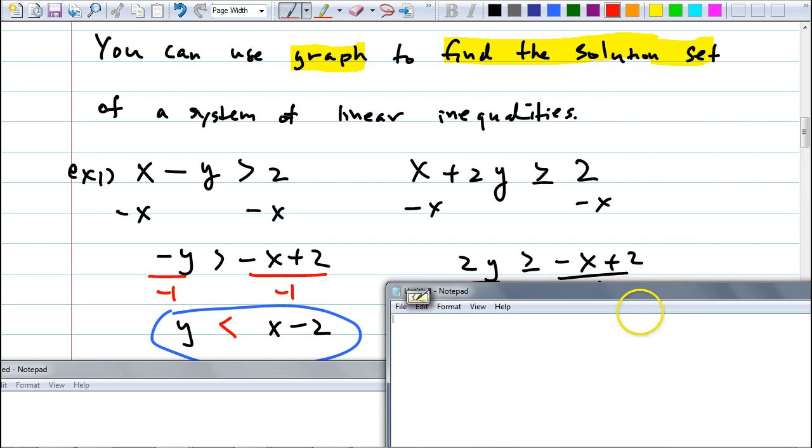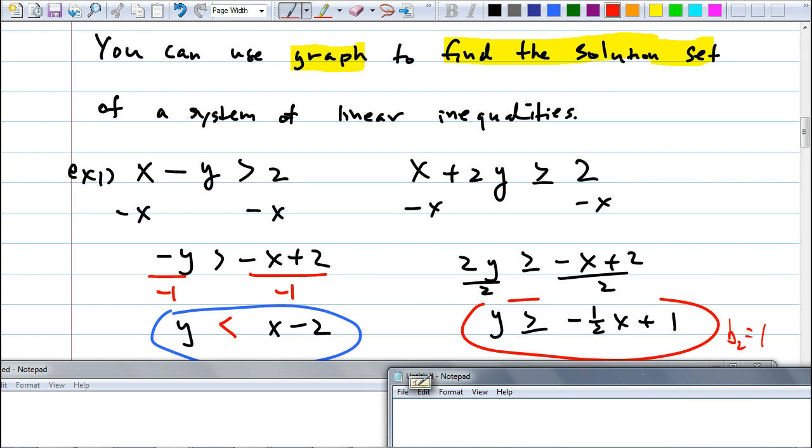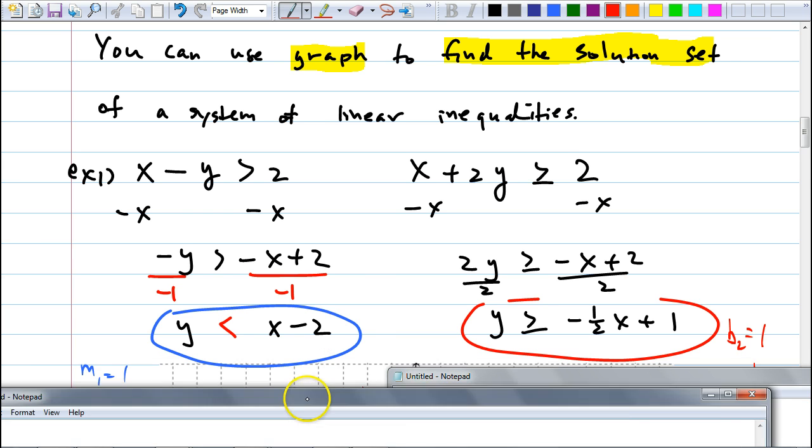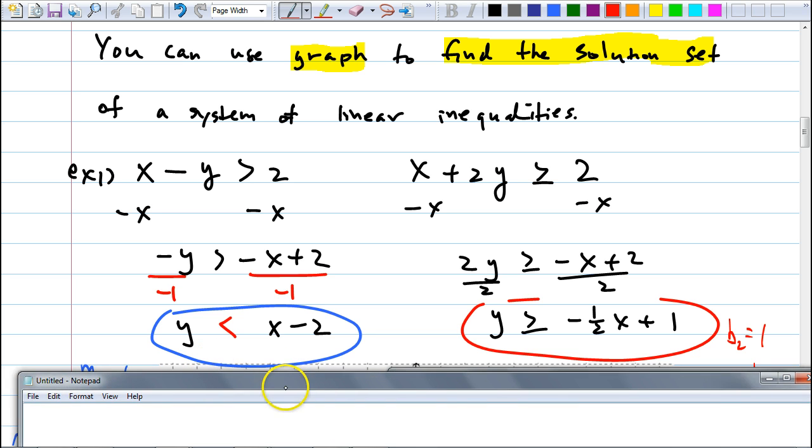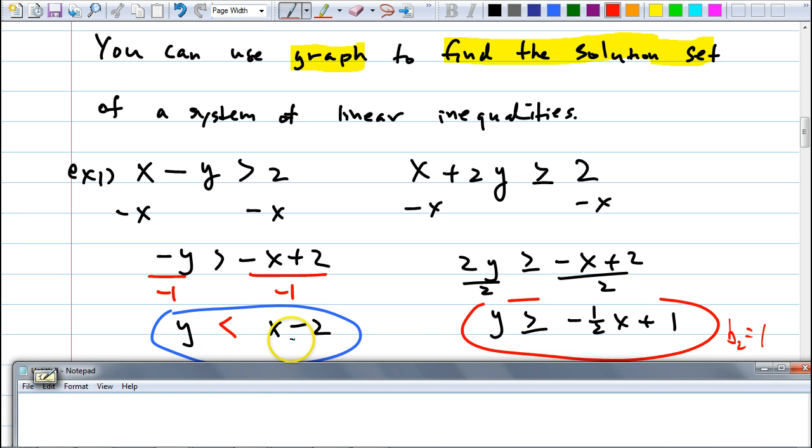We don't reverse when you divide by positives. And so we get this. Does that make sense? So now, how do we graph it? Well, you graph it as if you have an equal sign in the middle. I'll show you how to deal with inequalities in a minute. So you're going to graph as if you have y is equal to x minus 2 and y is equal to negative half x plus 1.